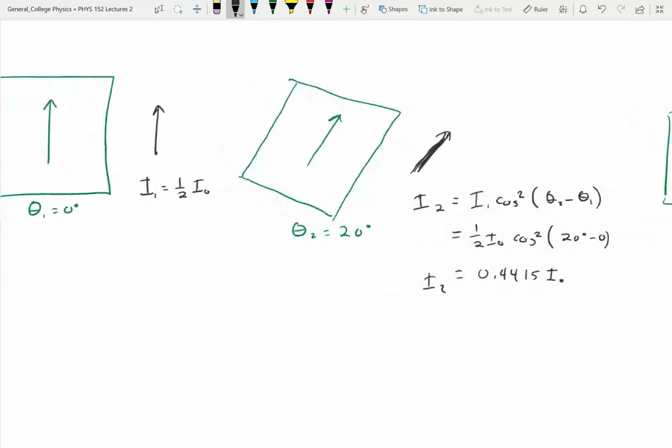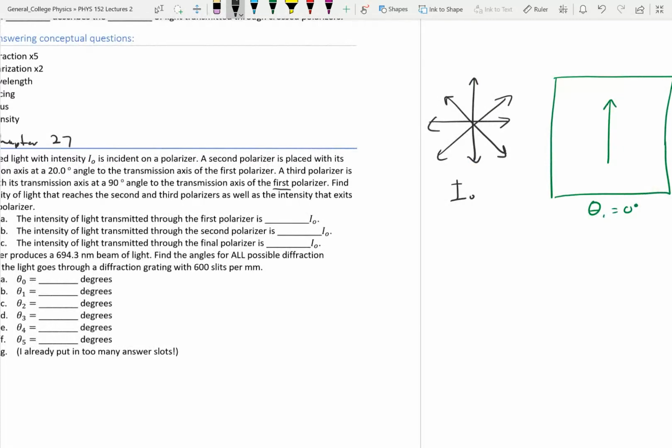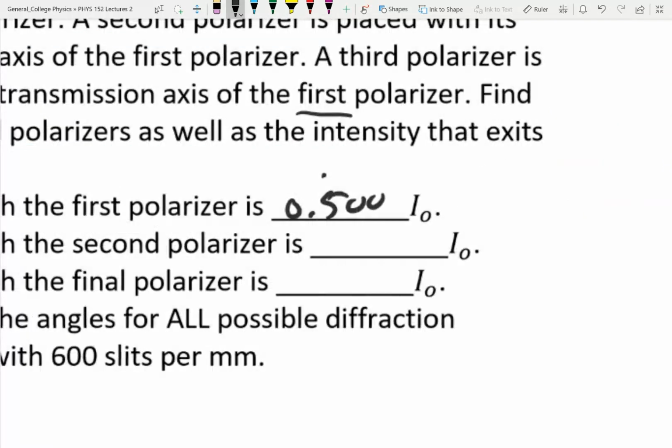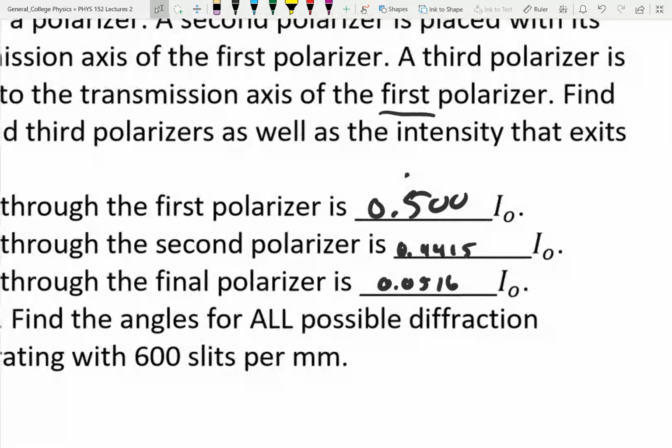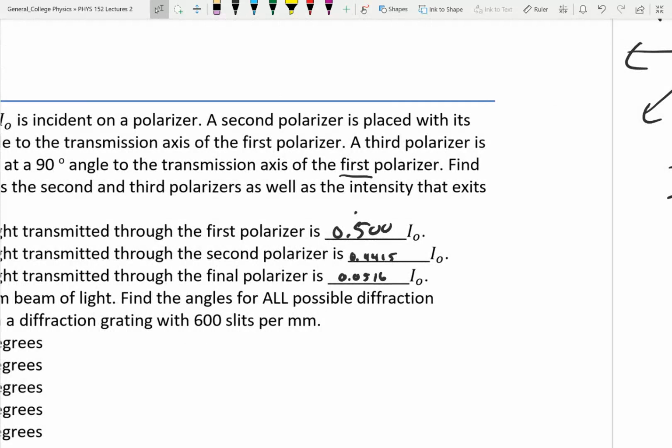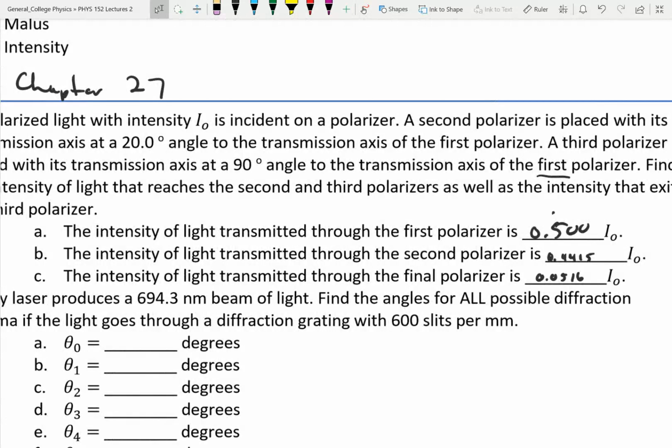So there's our answers. So we have 0.500, let's zoom in so I can write a little better, 0.4415 and 0.0516. Right, so those polarizer problems, they're actually not very hard using that law of Malus.